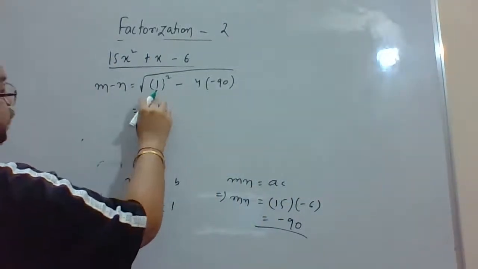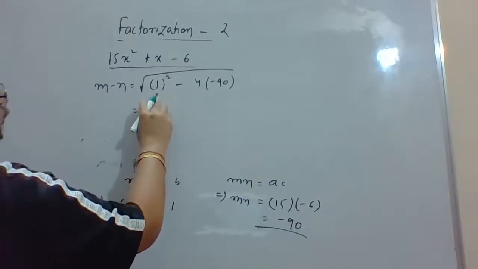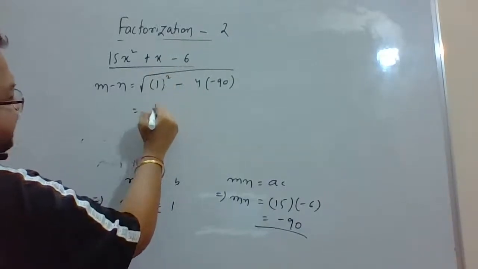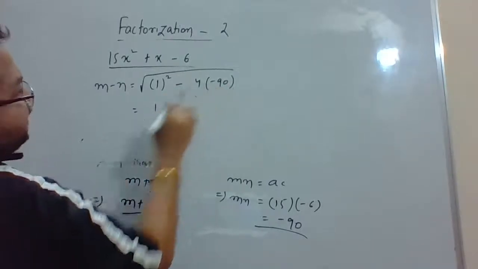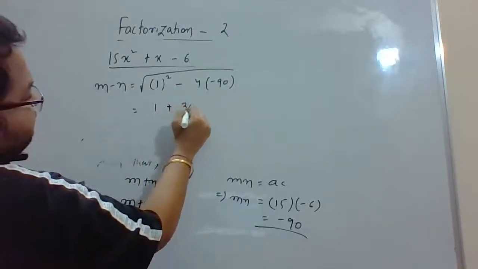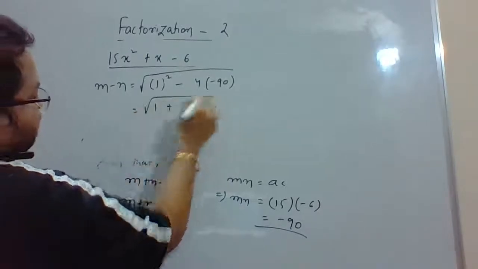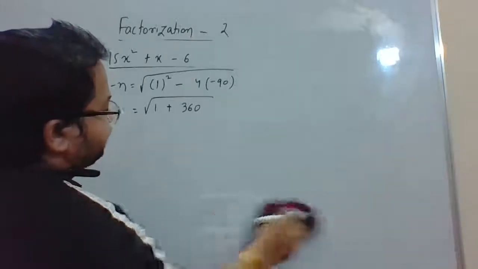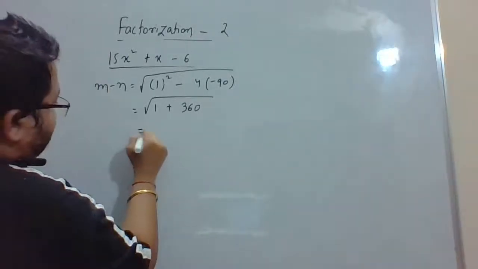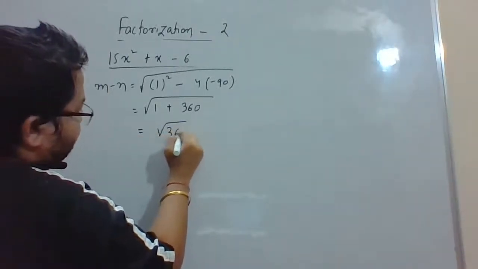Square of 1 is 1, minus of minus is plus, 4 into 90 is 360. So root over 361.